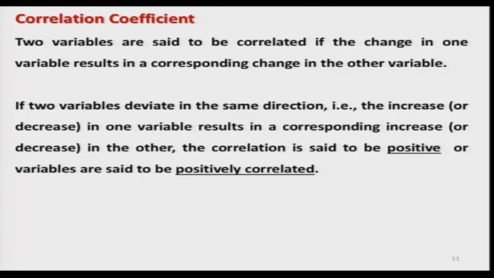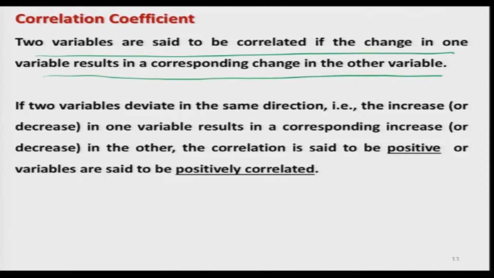Now, what are the interpretations of these correlation coefficients? Two variables are said to be correlated if the change in one variable results in the corresponding change in the other variable, right.